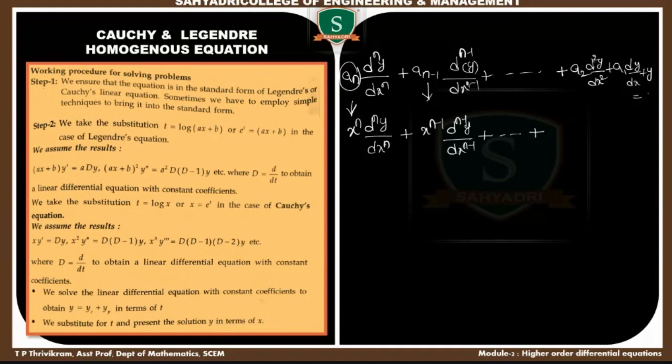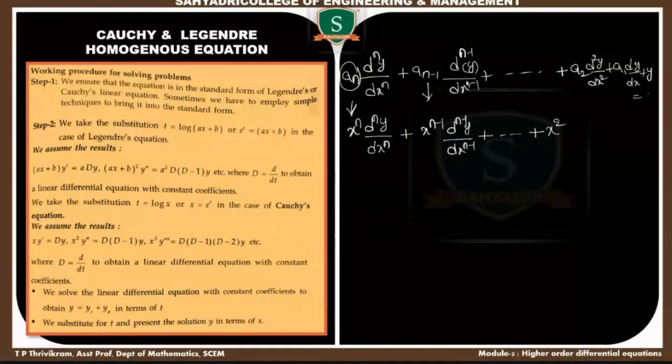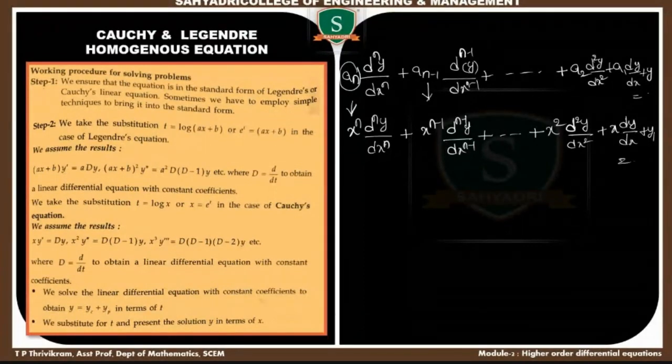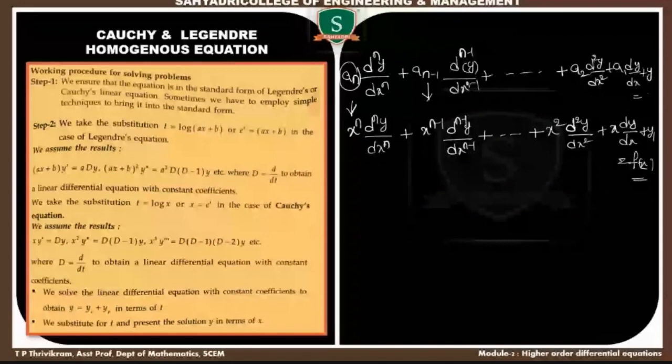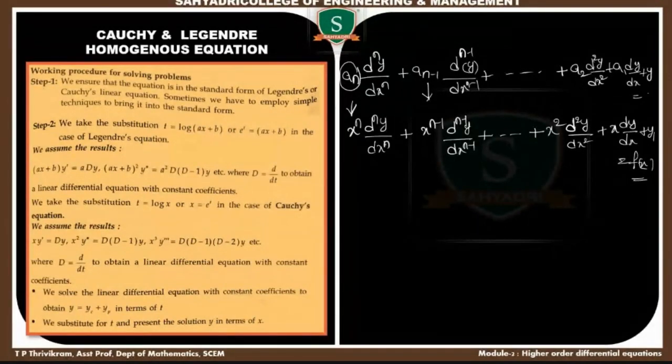Here a_2 is there, that I am replacing with x^2 d^2 y by dx^2, plus a_1 I am replacing with x dy by dx, plus a_0 y, which is equal to some function of x. So that means a small change where constants are replaced with powers of x.